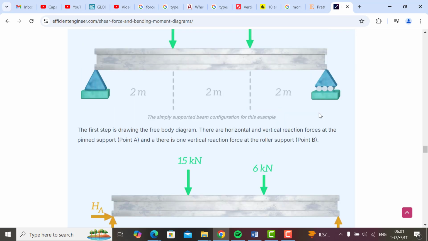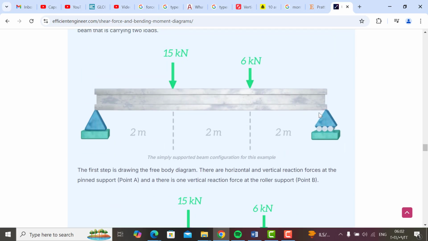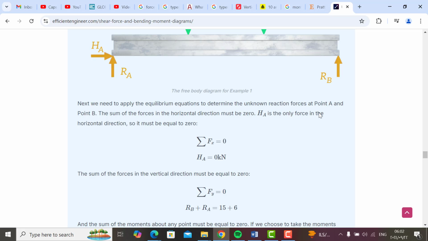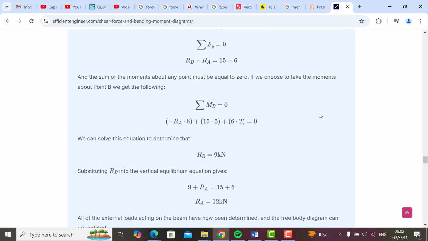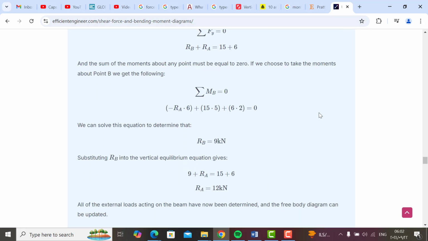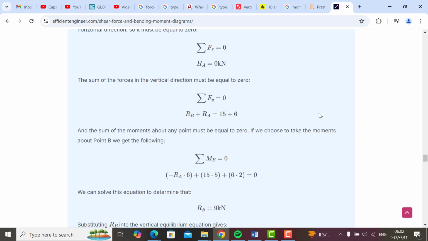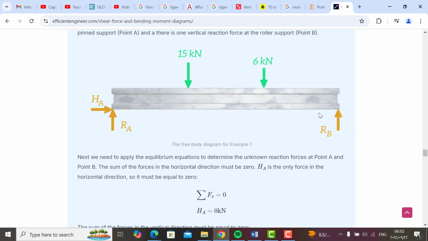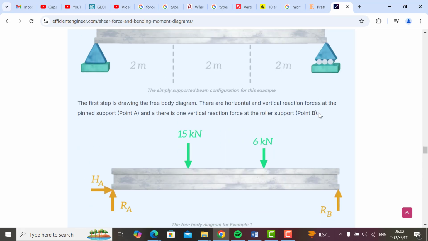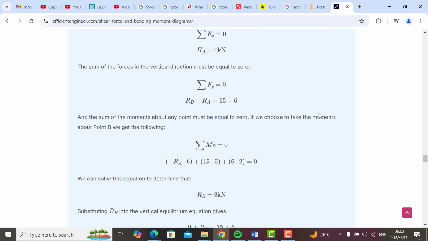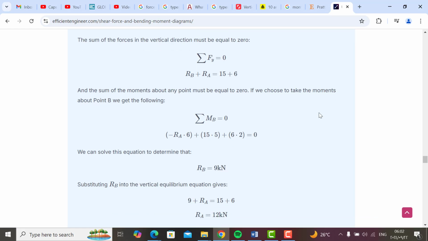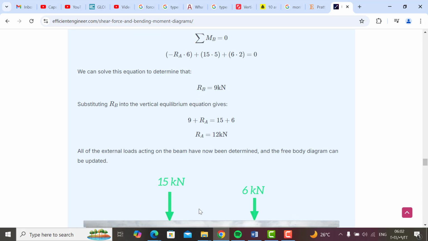Okay, 15. Then we calculate RB, and we find RB, and then we can calculate RA.